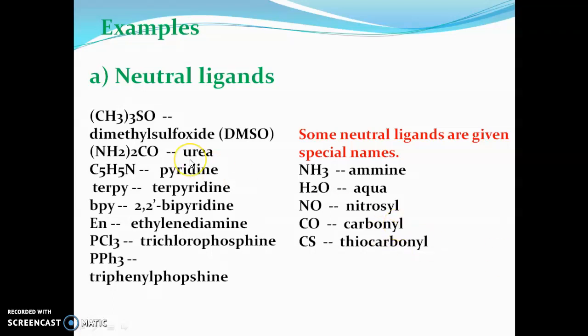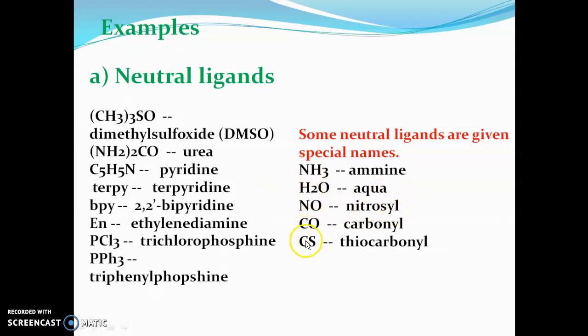Some examples are listed here regarding these three types of ligands: neutral ligands, positive ligands and negative ligands. This slide consists of neutral ligands. In certain cases, certain neutral ligands are given special names, like ammonia. Ammonia is given as ammine, water is given as aqua or aquo, NO is given as nitrosyl.